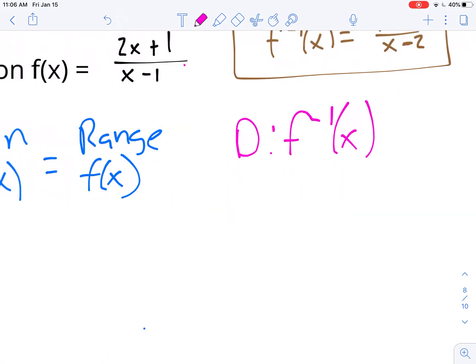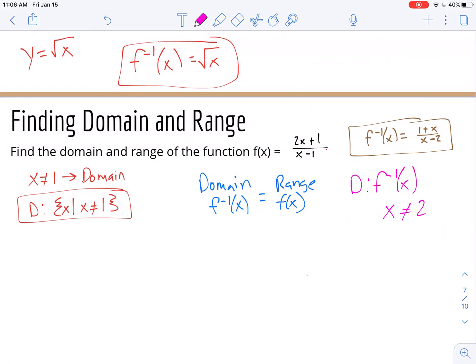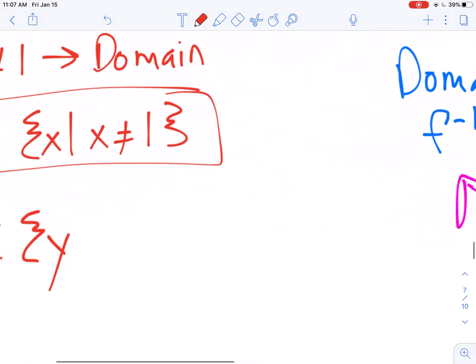The domain for my inverse function of x is all values of x where x cannot be equal to positive 2. Well, since this is my domain of my inverse function, that means it becomes my range of my original function. So now I can say that my range for this function is all values of y where y cannot be equal to positive 2.